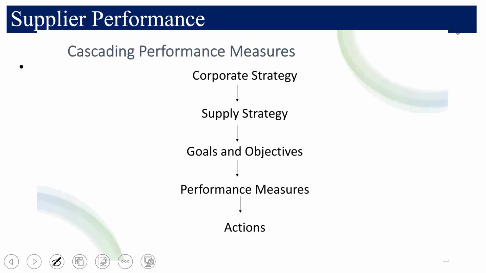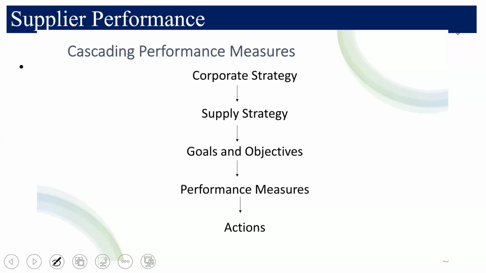And supply performance, this is again an important area. Cascading performance measures. So in the traditional method, we didn't do it in this way, right? In traditional methods, at the corporate level, we have not developed the performance measures to each level. So with the strategic method, we are focusing on all levels, each level.